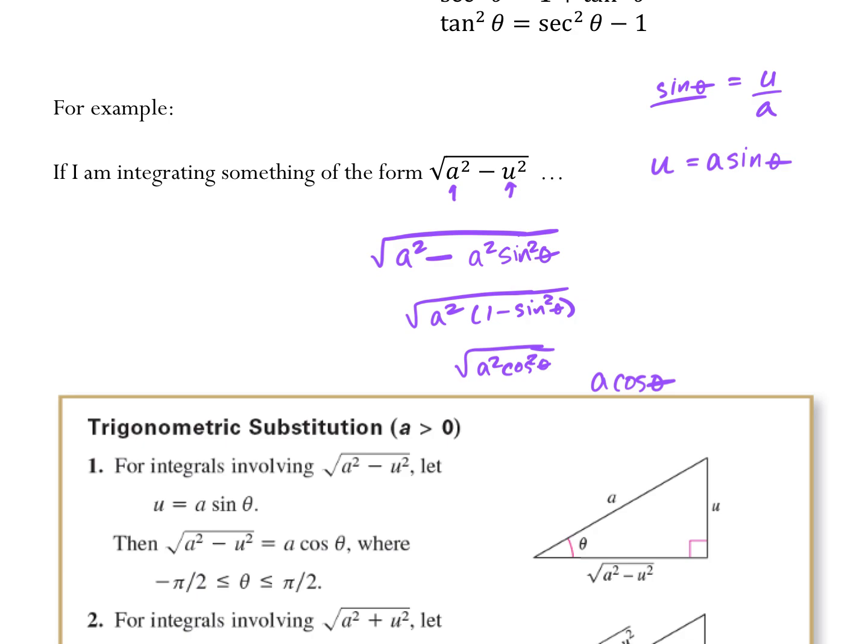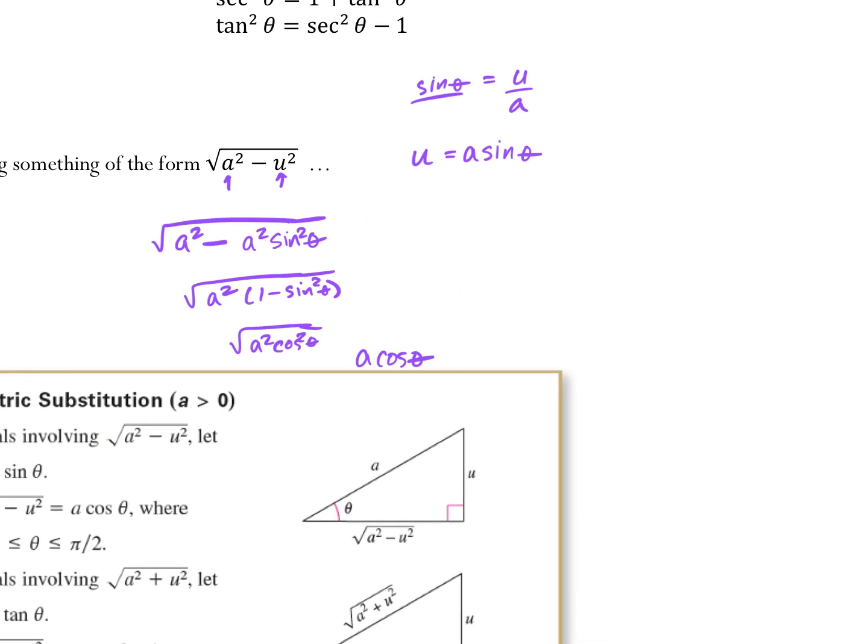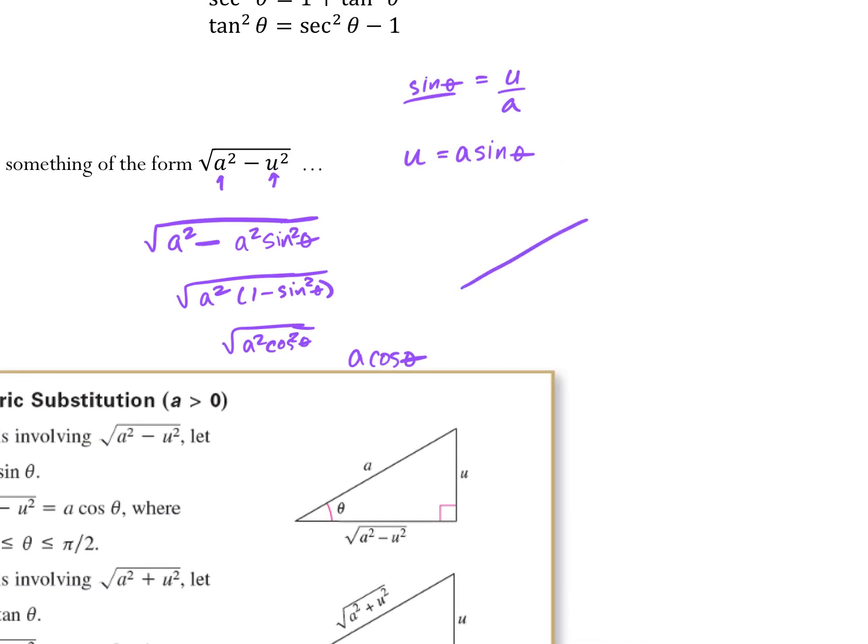Is everybody seeing it? Now if I look at this from the picture, if u equals a sine theta, another way of saying that is if this is my theta, this would be u, and this would be a. Is everybody good? If I use the Pythagorean theorem here, what would I get? The square root of a squared minus u squared.